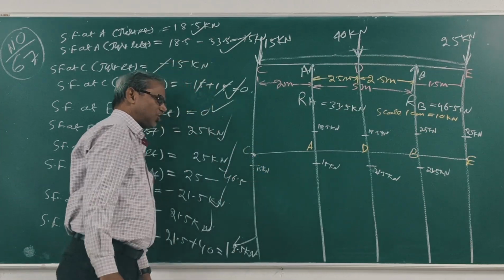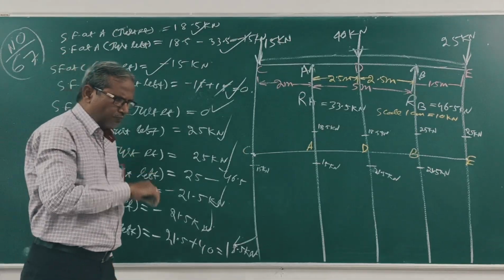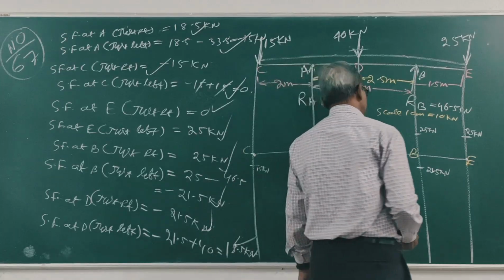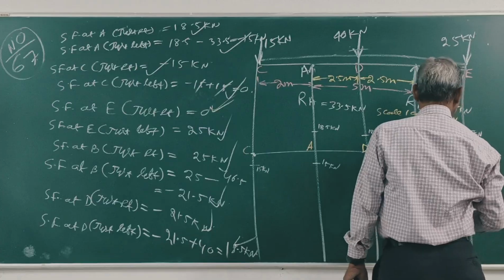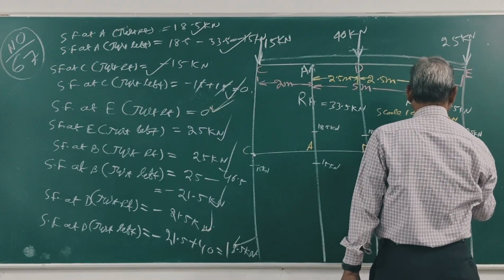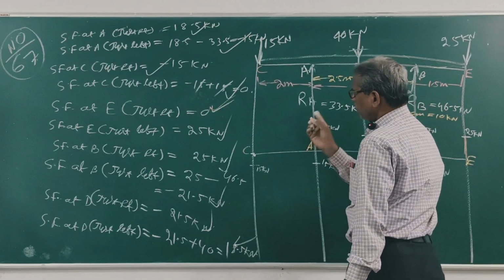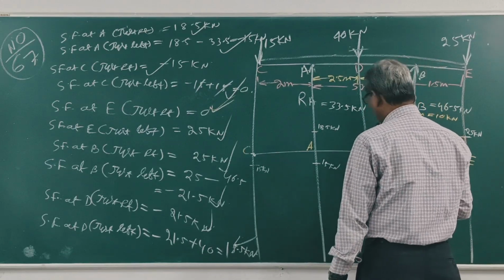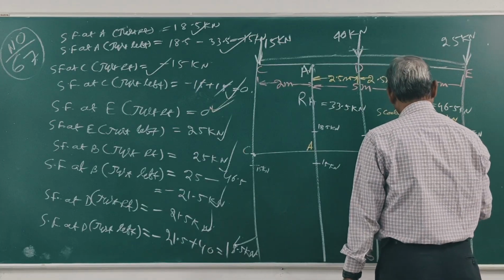Clear? Now join all the points. E just right 0, E just left 25, B just right 25, then B just left minus 21.5, clear?